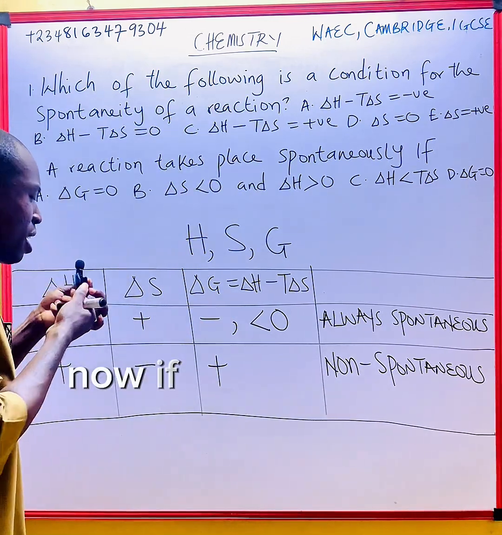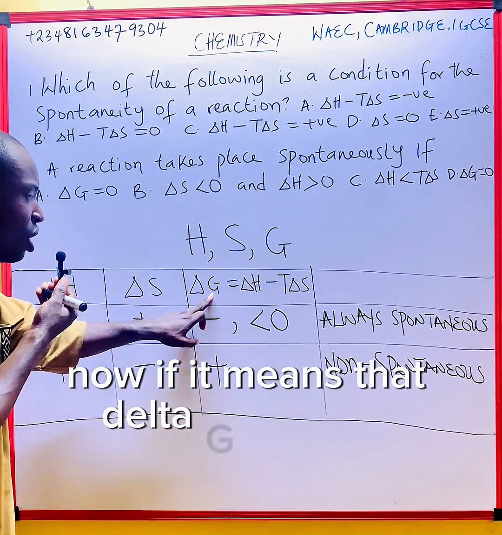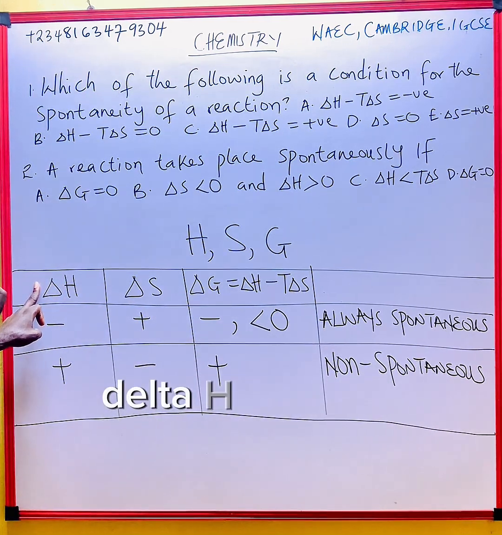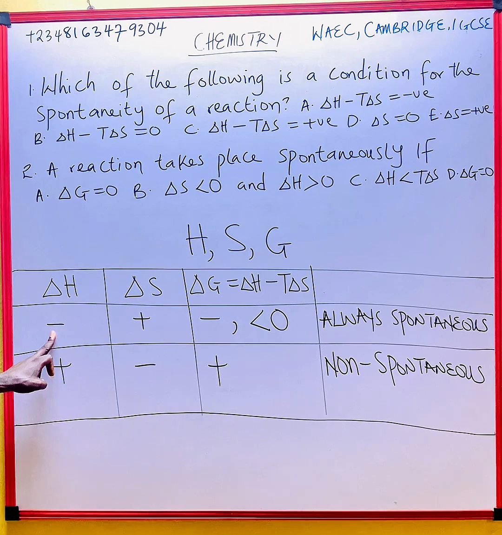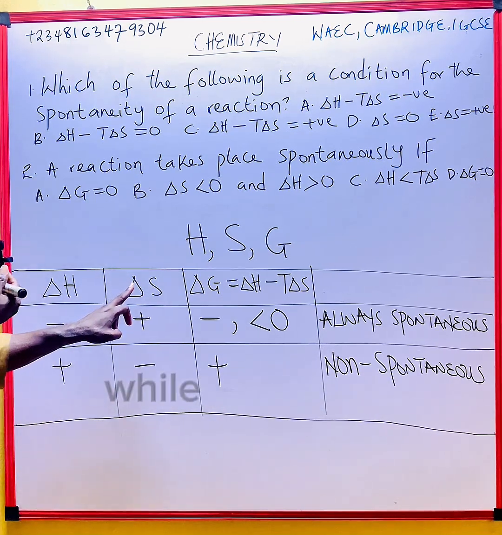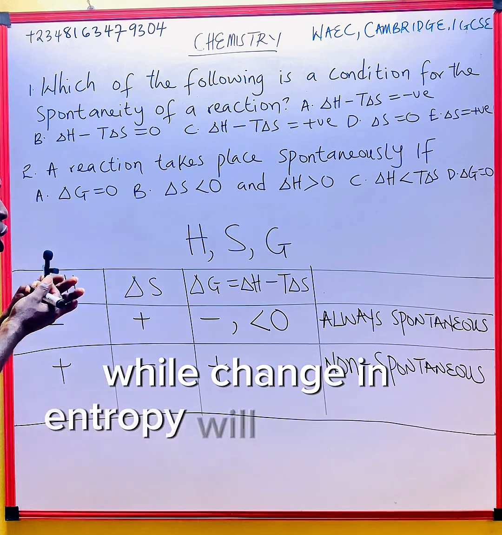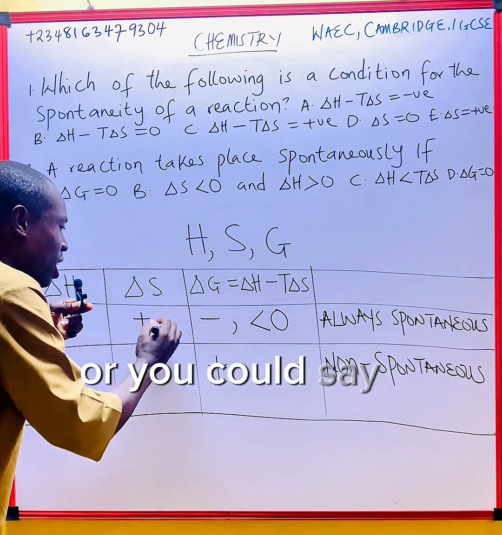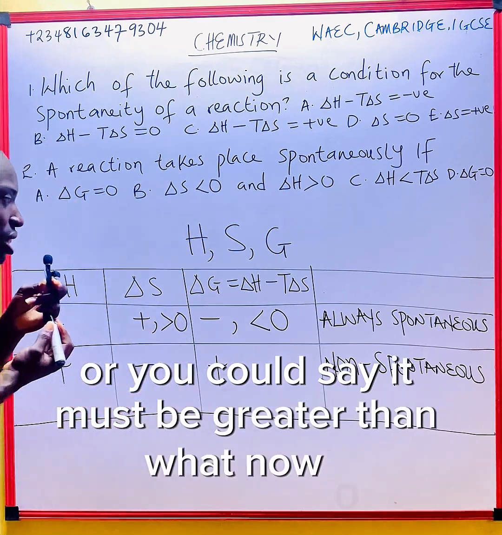It means that delta G must be negative, delta H must be negative, meaning delta H should be exothermic, while change in entropy will always be positive, or you could say it must be greater than 0.